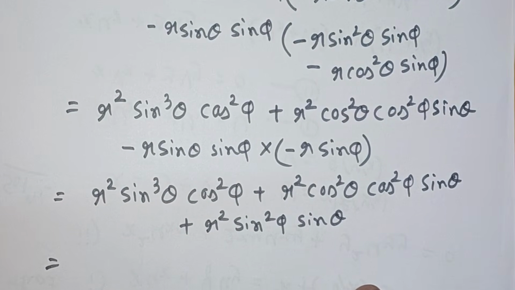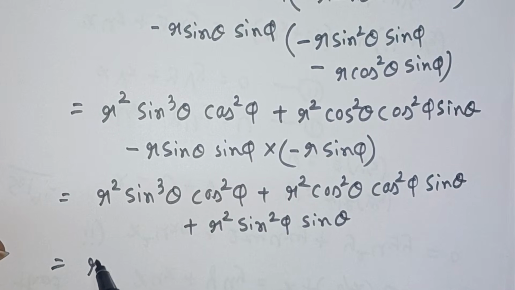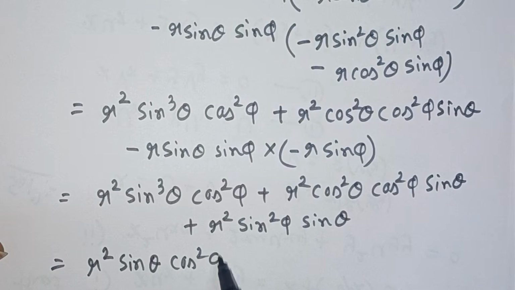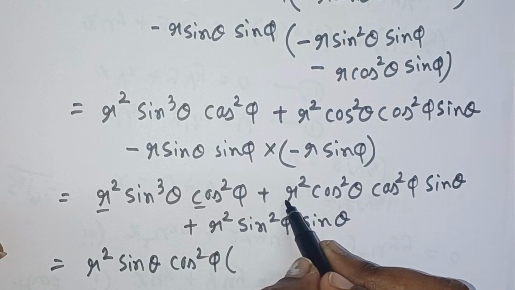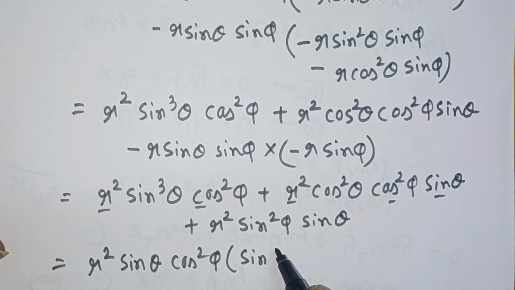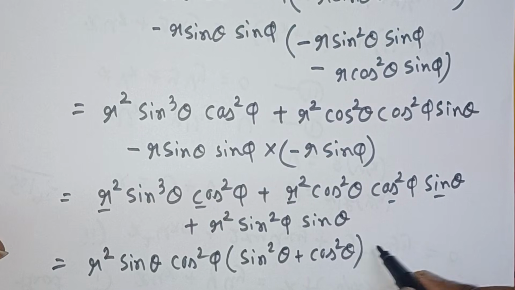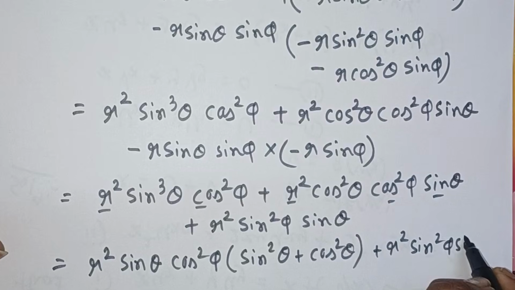Hence if we take r square sin theta cos square phi, then we can have r square sin theta cos square phi into sin square theta plus cos square theta. So from these two terms we can write sin square theta plus cos square theta, plus r square sin square phi sin theta.